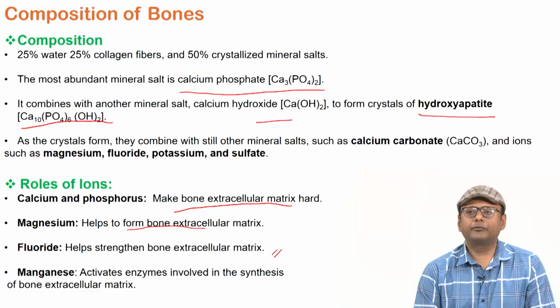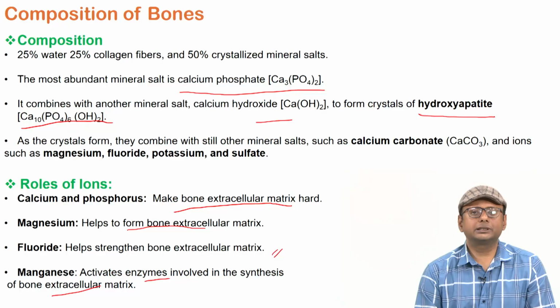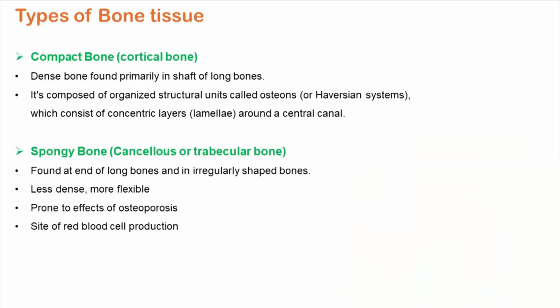Fluoride helps in a similar way, strengthening the bone extracellular matrix. Manganese has a specific role: it activates various enzymes involved in the synthesis of the bone extracellular matrix. So in general, all these ions have a significant role in bone development, maturation and strengthening the extracellular matrix of the bone.